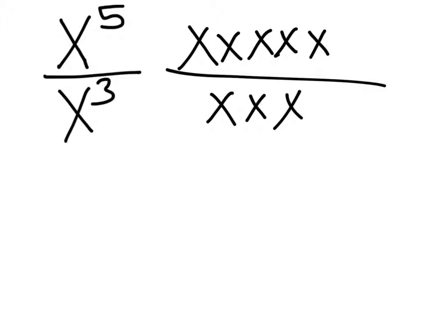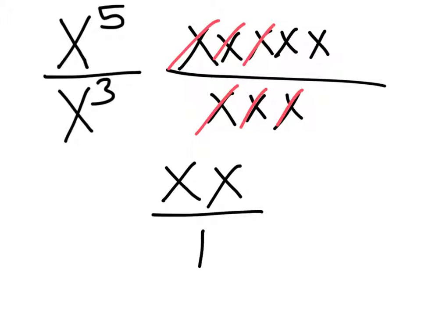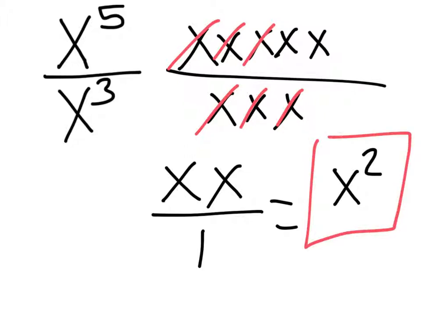We remember that we're going to cancel them out a pair at a time, so that we're left with just 1 x right here and 2 x's, and that's it. And we can then rewrite this as x over 1, or we can rewrite this using exponents as simply x squared, and this is our answer.